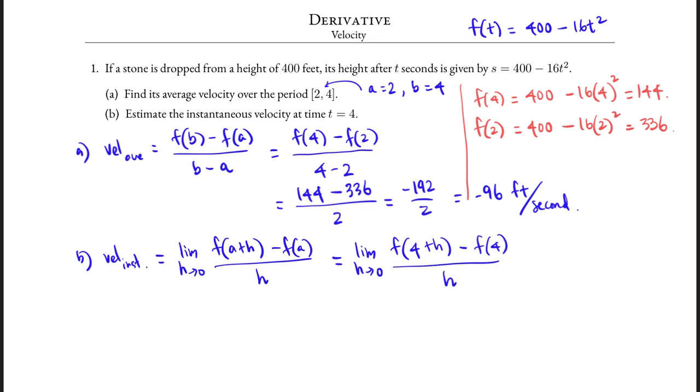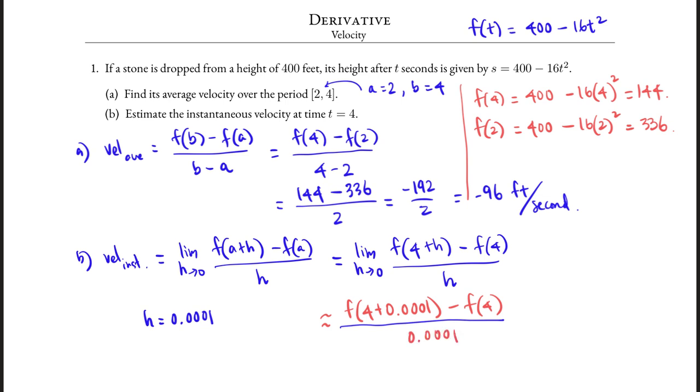Again, instead of evaluating this, we will estimate it using h equals 0.0001. For estimation, it suffices to use this small value of h. And so the approximation for this instantaneous velocity is now f of 4 plus 0.0001 minus f of 4 over h, but h is 0.0001.